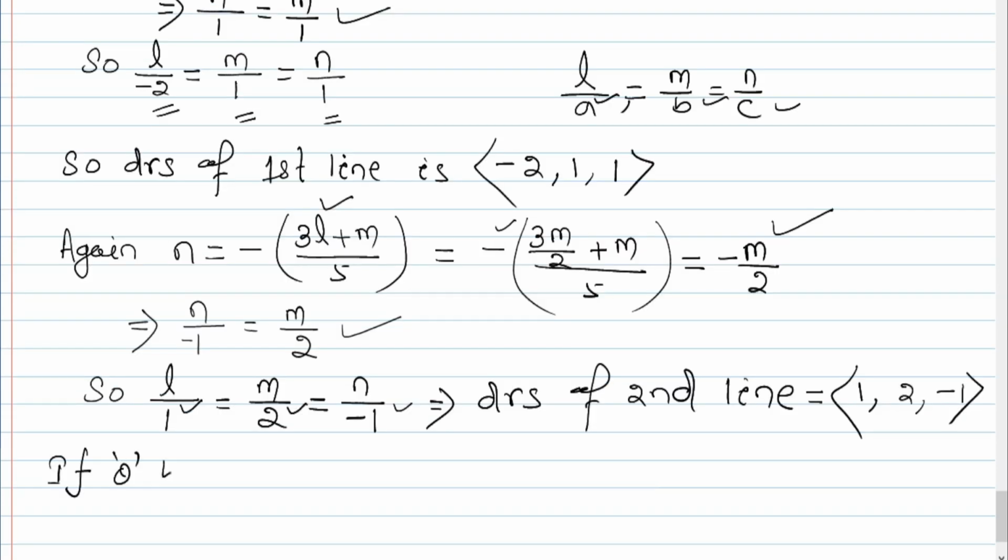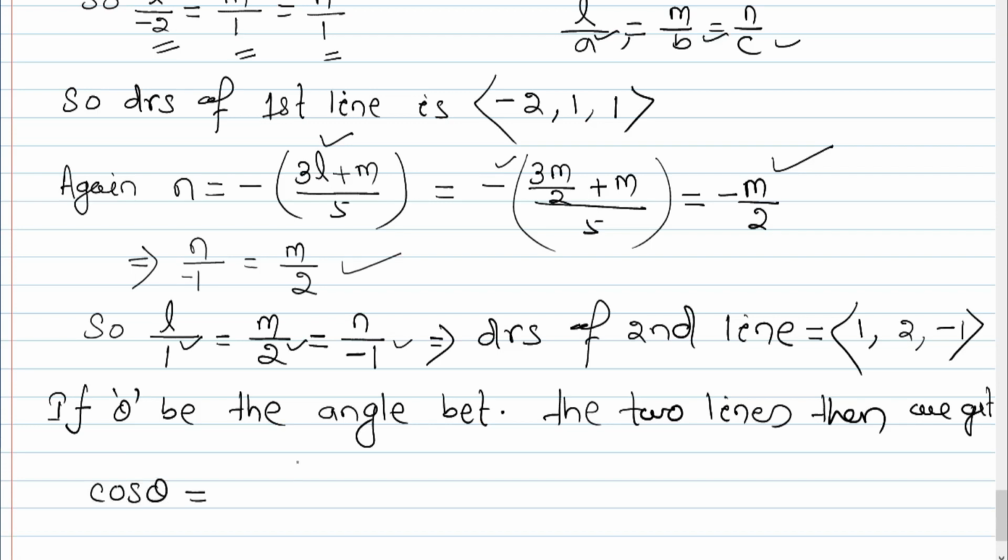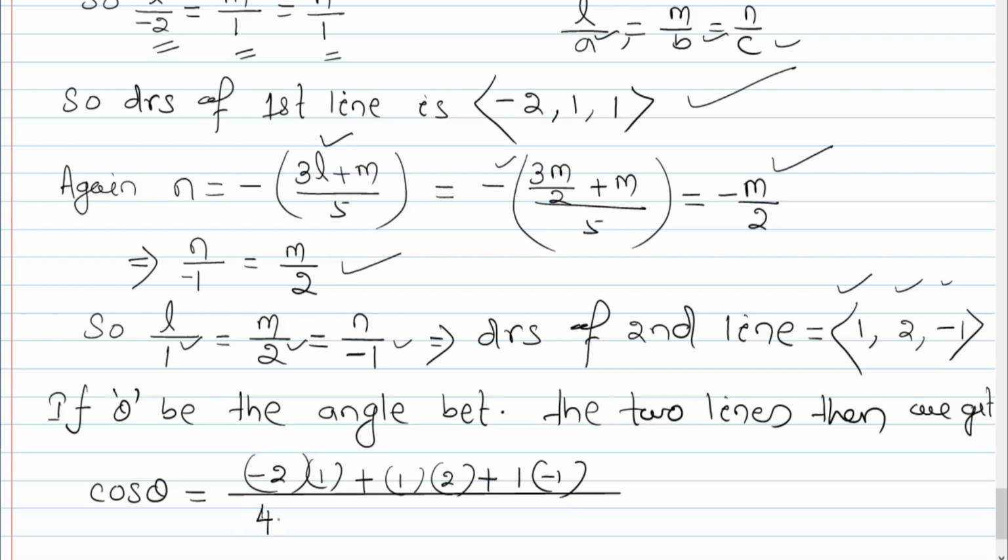If theta be the angle between the two lines, then cos theta is a1 a2 plus b1 b2 plus c1 c2 by root. The DRs of the first line are minus 2, 1, 1 and of the second line are 1, 2, minus 1. Multiplying, minus 2 into 1 plus 1 into 2 plus 1 into minus 1, over root of 4 plus 1 plus 1 times root of 1 plus 4 plus 1.